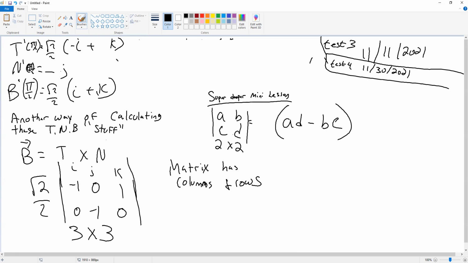Oh, well, it's okay. You're going to learn this all next semester in differential equations. If you have a system of differential equations, you put it in a matrix, do matrix operations, and you get the answer.